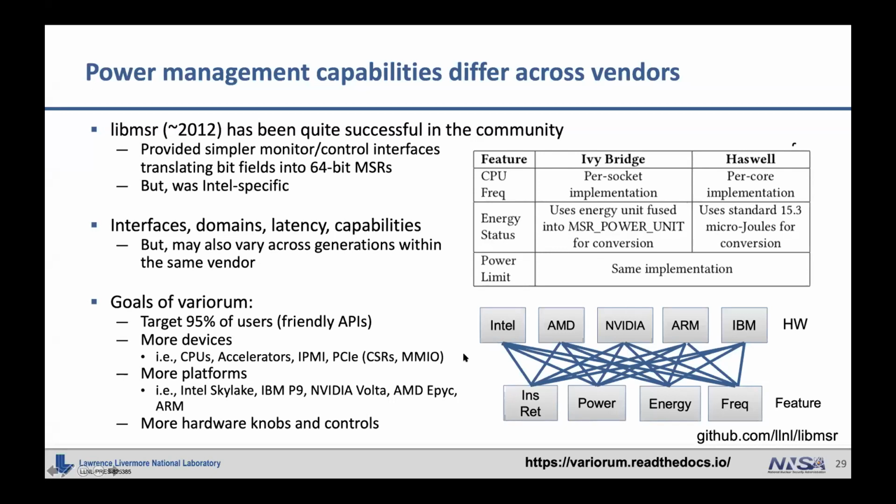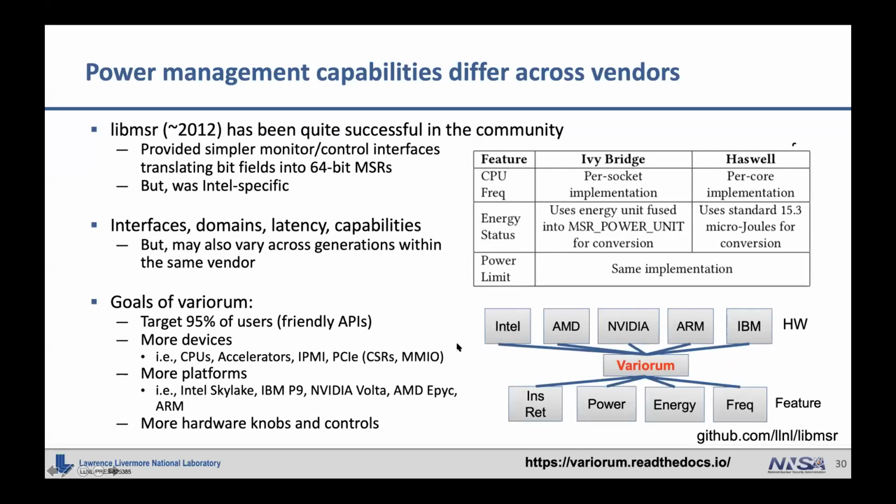Instead of having an implementation for these different features like power monitoring, power capping, energy usage, and frequency for the wide variety of hardware that we're seeing in our systems, we're proposing to have Variorum be that center hub so that we can implement all of these different features, all of these different use cases for these different platforms that we're targeting.